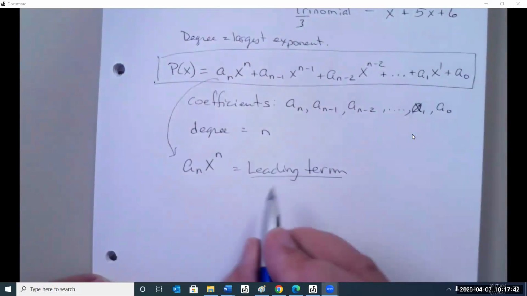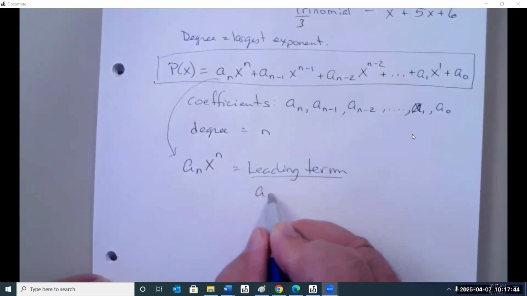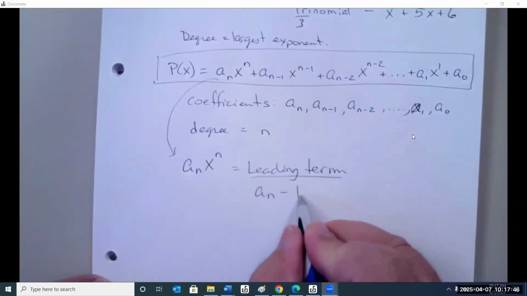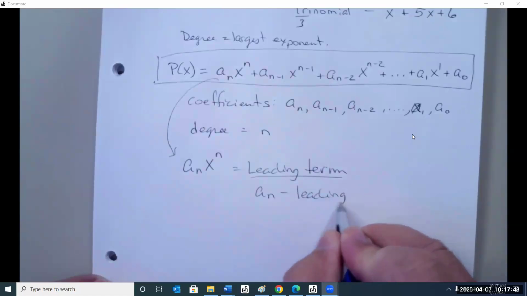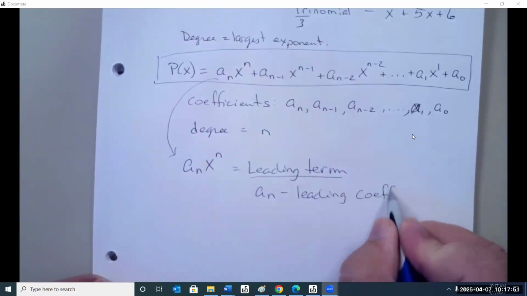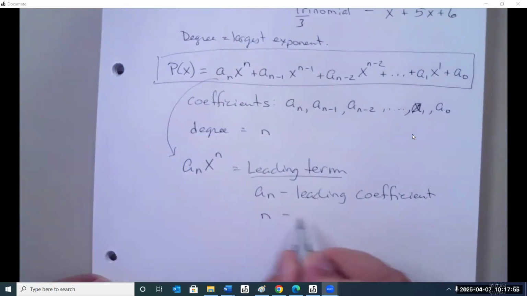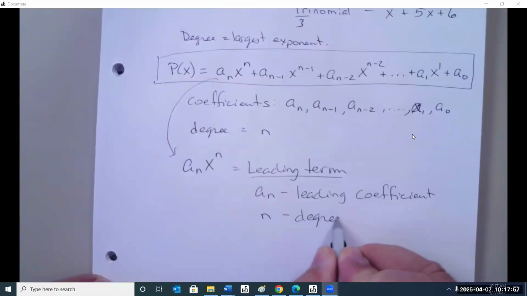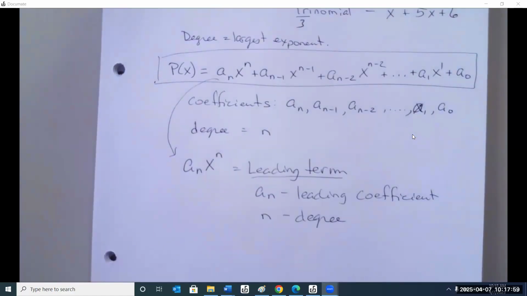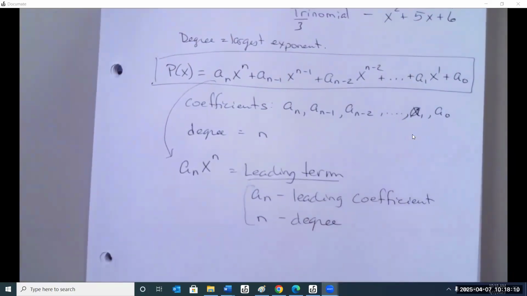The leading term has a sub n, the leading coefficient, and n, the degree. Together, both of these give us an idea of what the graph is going to look like.